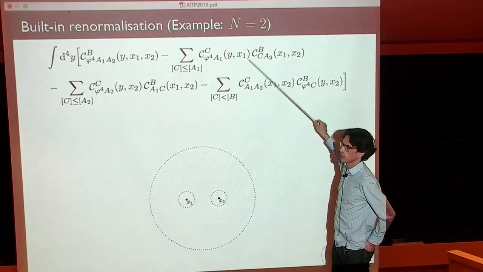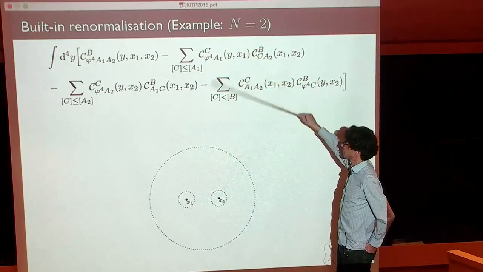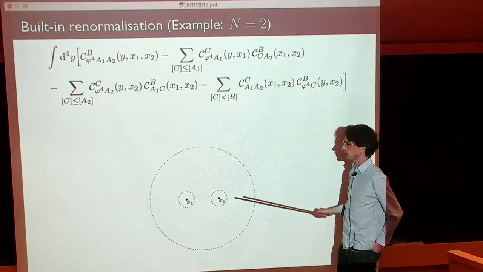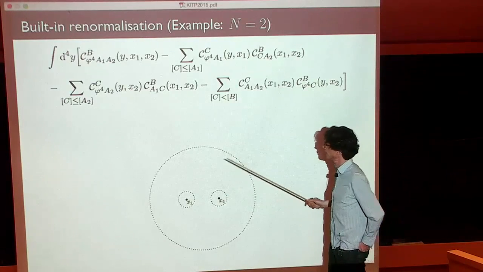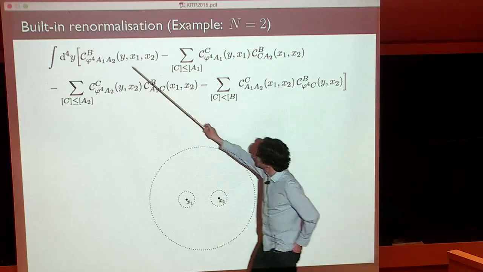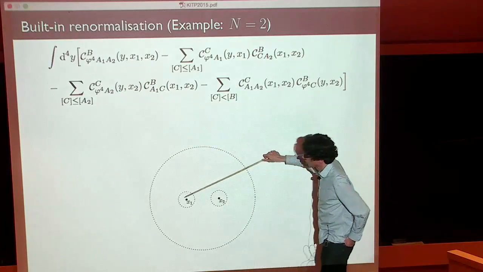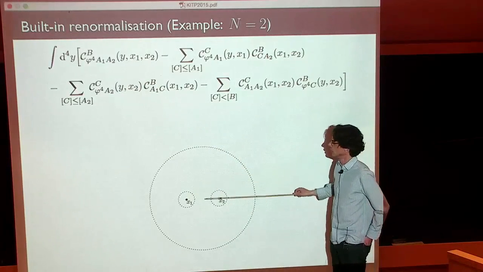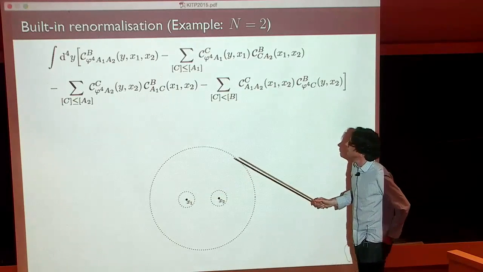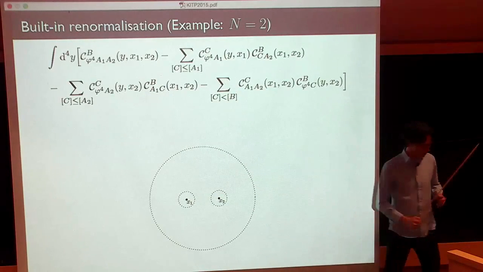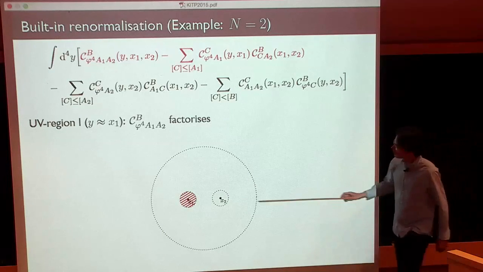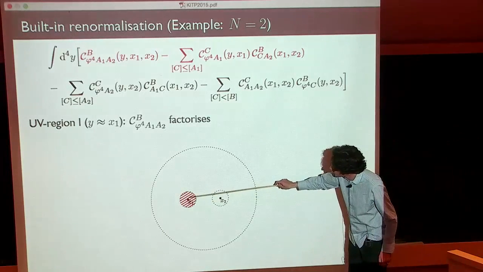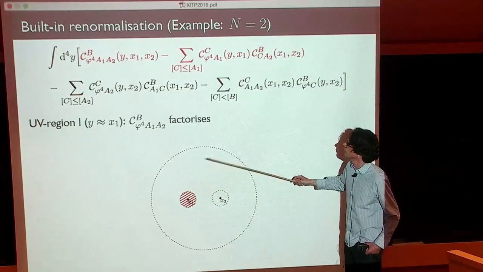Basically, if the insertion point goes far out, because it's an infinite volume to integrate over, that will in general diverge. It's an infrared divergence. And then if the insertion point gets too close to the other guys, so these 2 circles, very roughly speaking, there's a UV region where the insertion point gets close to this one.